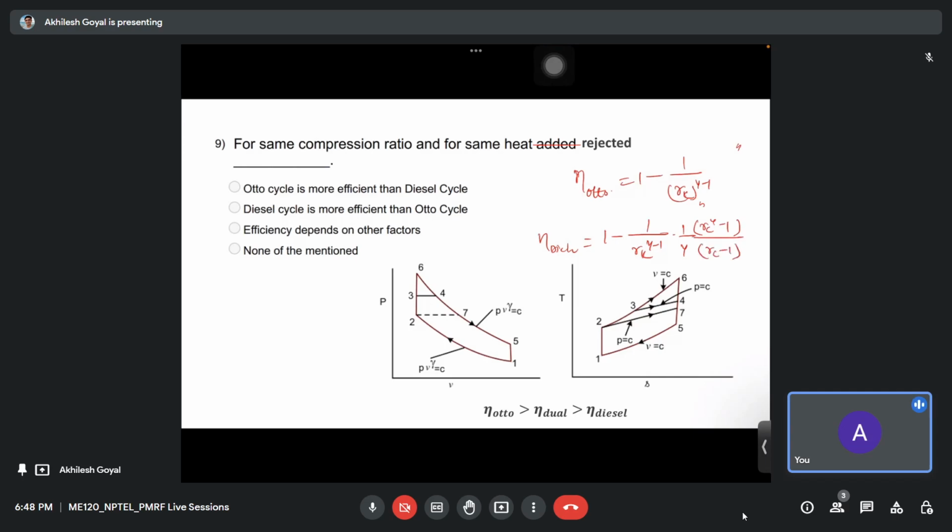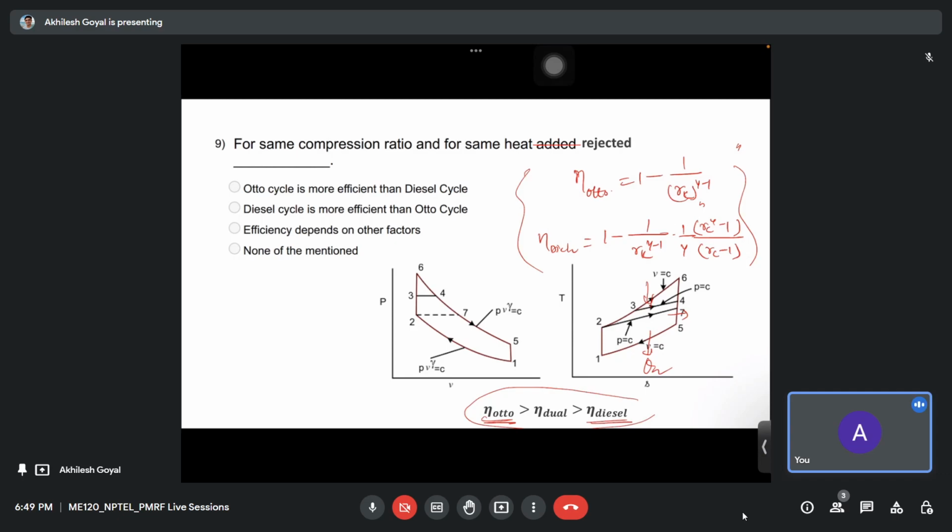Okay. And we saw from this TS diagram that for the same heat rejection Q2, the heat added for the Otto cycle is higher compared to the heat added for the diesel cycle. So that means for the same compression ratio and same heat rejection, the efficiency of the Otto cycle is higher compared to the efficiency of the diesel cycle.